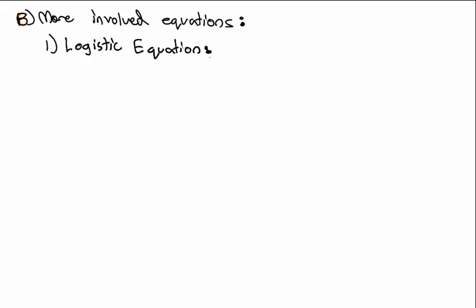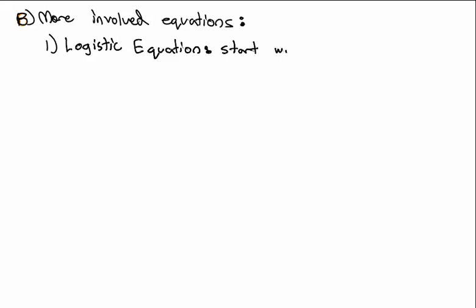Basically, there's a maximum sustainable population in an environment for some organism. The further away they are from that maximum, the quicker they can grow, because there's lots of resources available. But when they start to get close to that maximum sustainable population, the population is going to start to level out and stop growing. There's an equation that models this.